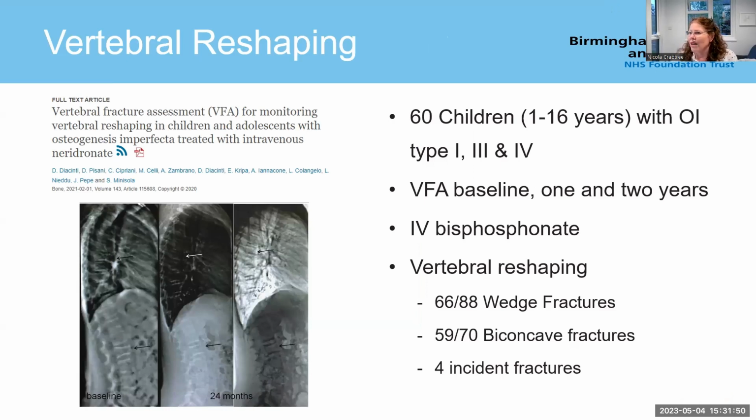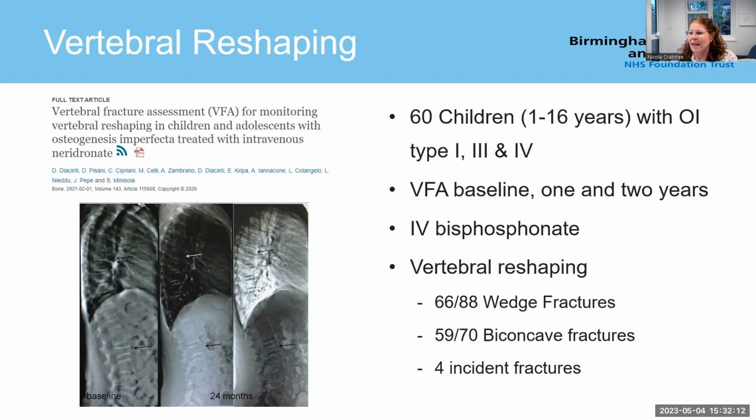And this is some work looking at 60 children with OI. They had VFA scans done at baseline and 1 and 2 years. Treated with bisphosphonate, and they were really looking at vertebral reshaping, and they saw in their study that there was significant improvement in vertebral shape on treatment.